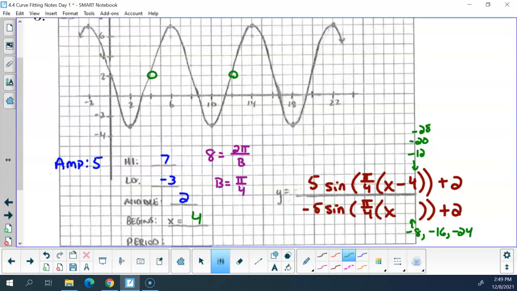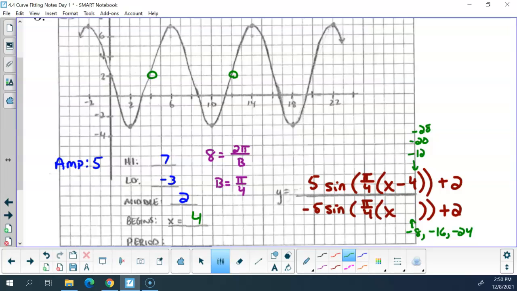That's what I had written down. I just had to leave space so we could put the minuses in there. Agree? You could have also gone with 5 sine of negative pi over 4 and all of those.